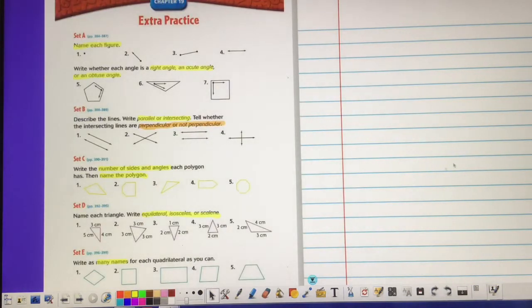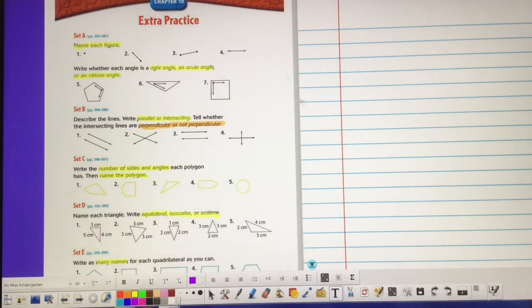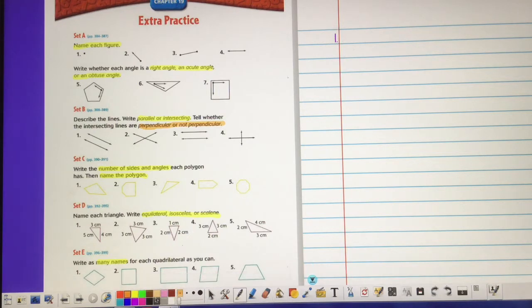So when I go back here for set C, I'm going to write number 1, and I've got to figure out how many sides it has. I'm going to count them. Instead of showing my finger, I'm going to do it with a pen so you can see it. So I go 1, 2, 3, and 4.